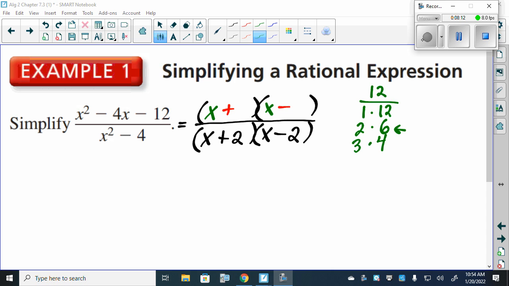Well, what's on bottom? X plus 2 and x minus 2. So if I want something to simplify on top, I either need an x plus 2 or an x minus 2. And looking at all the factors, well, hey, 2 and 6, we do have a 2. That would give us a common factor on top and bottom, yes?